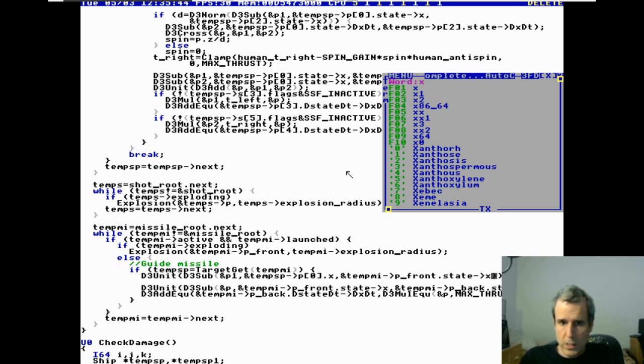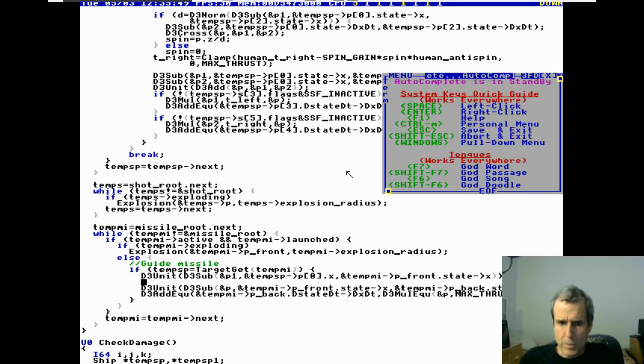And now we want the dot. The error angle, the angle of error, is going to be the dot product of... that's theta.